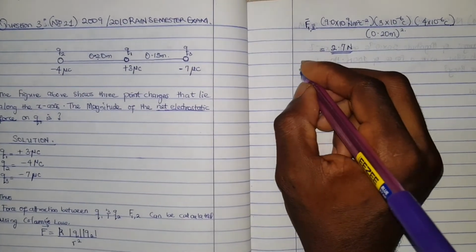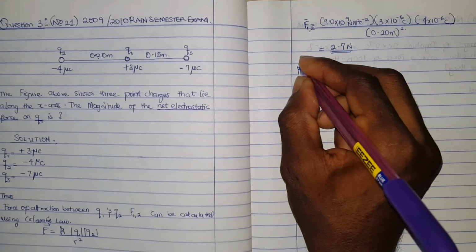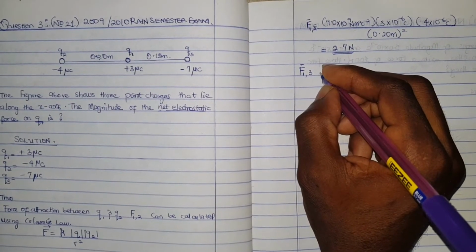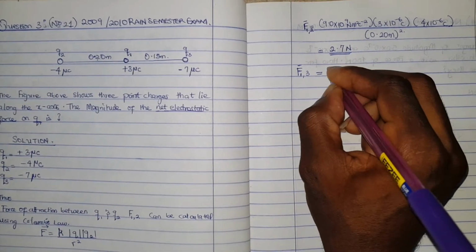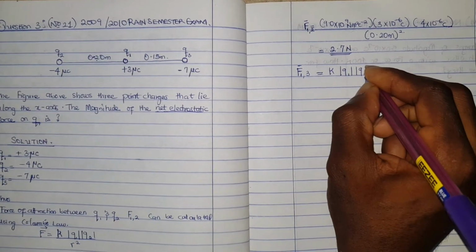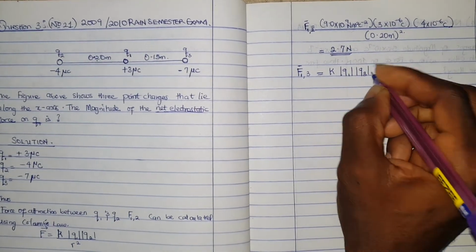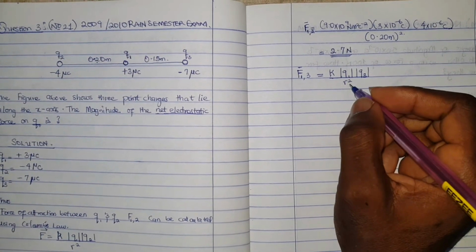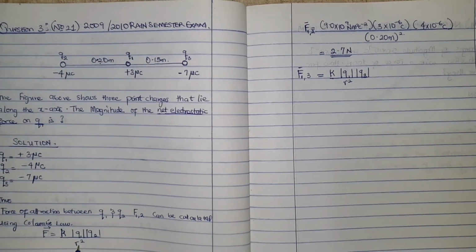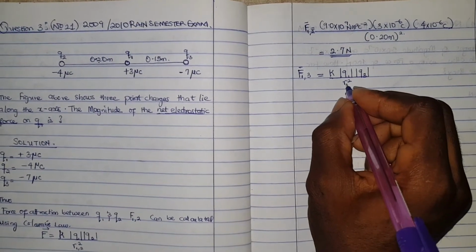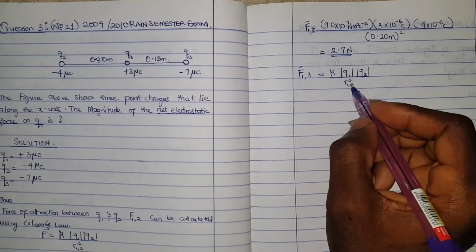To find the force F on 1 due to 3, that is F1,3, which is equal to K times the magnitude of Q1 multiplied by the magnitude of Q3 over R square. The R here, let me denote it as R1,3, the distance between 1 and 3.